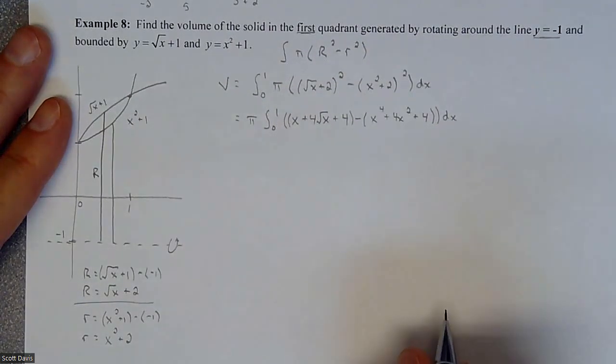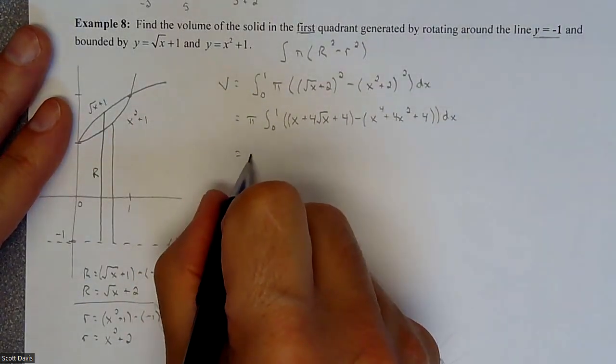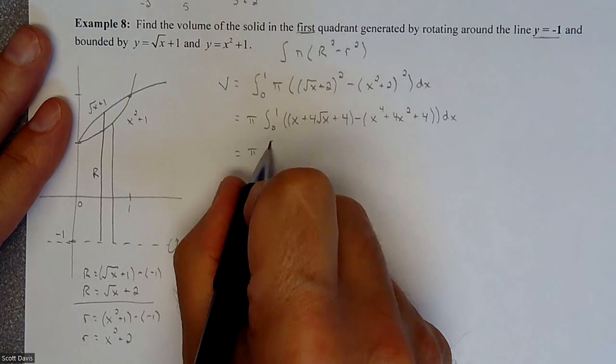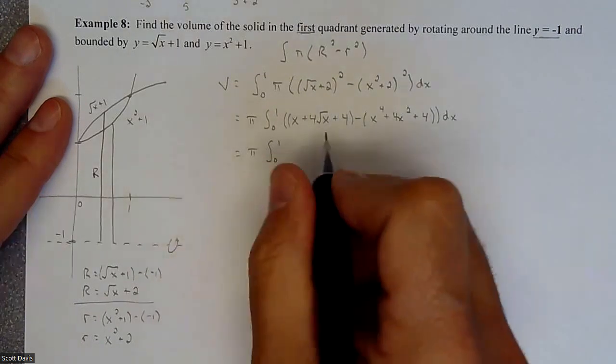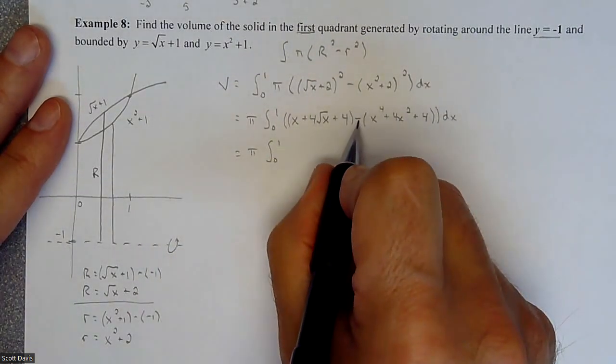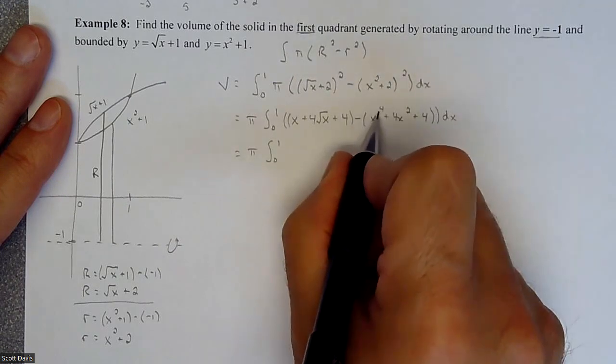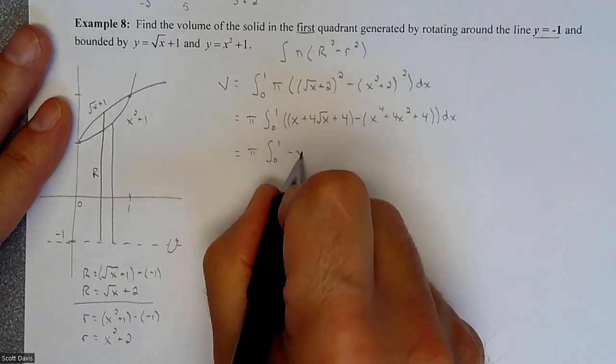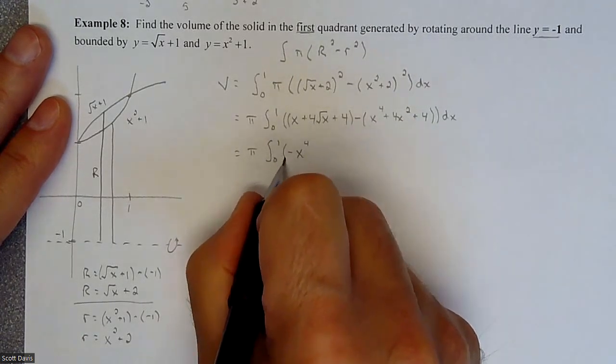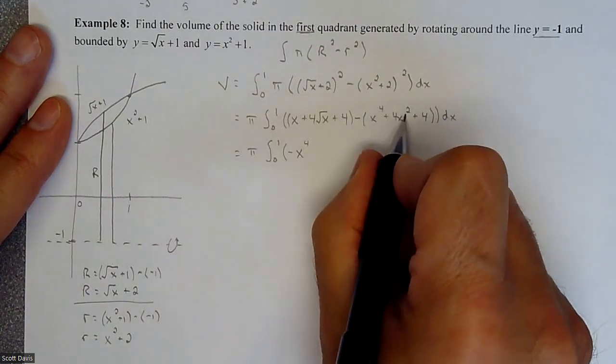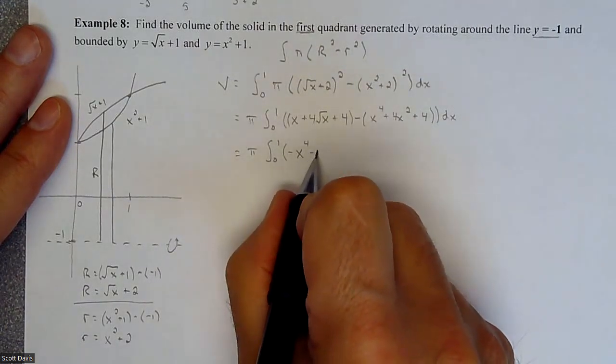Okay, so let's see what we can put together, and then we can do our antiderivative. So 0 to 1, let's start with our highest power. If I distribute this negative in, I'd have a negative x to the fourth, which won't combine with anything. And then I have a negative 4x squared.